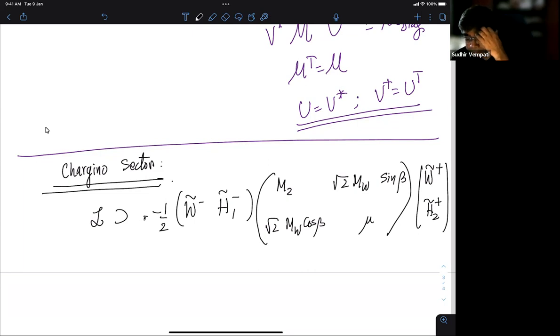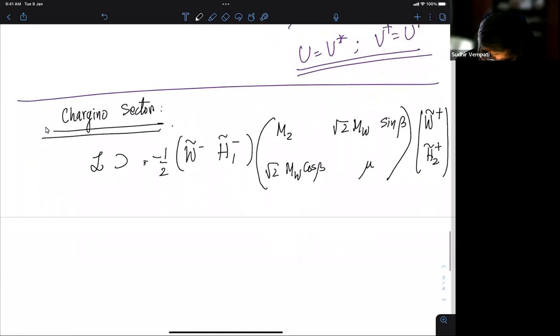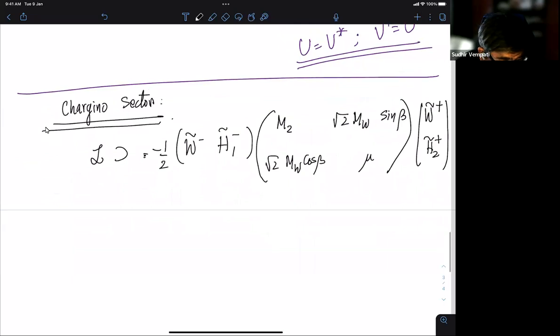Now, this matrix is completely different compared to the ones we have seen earlier.